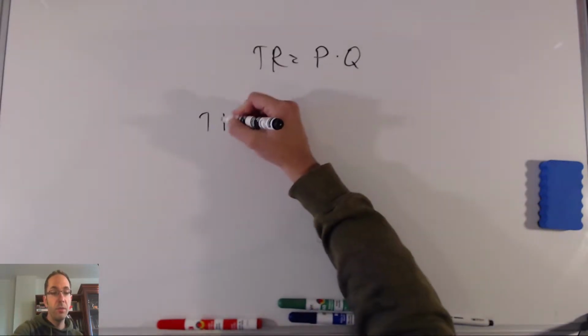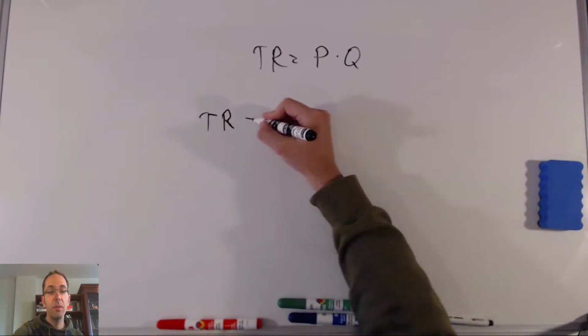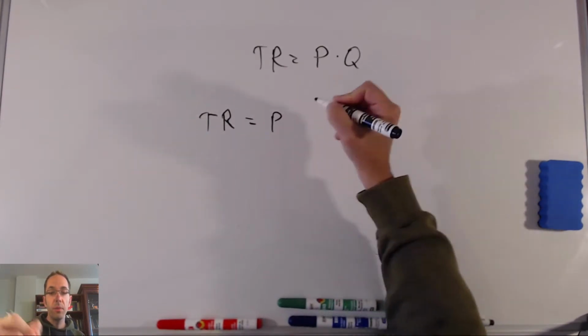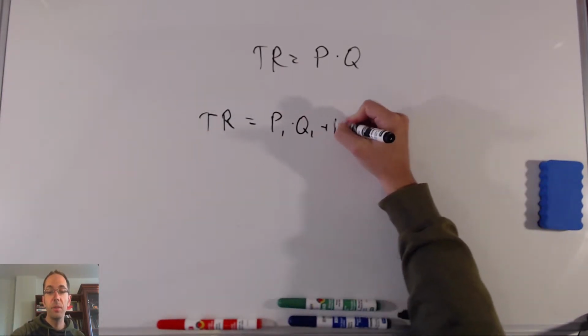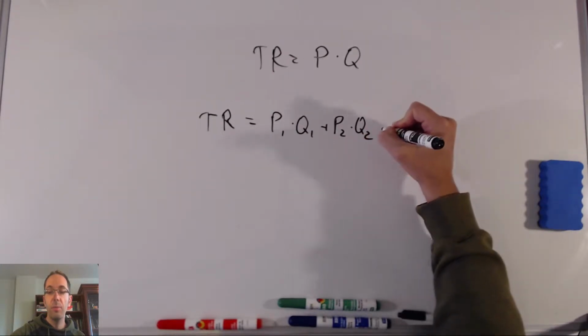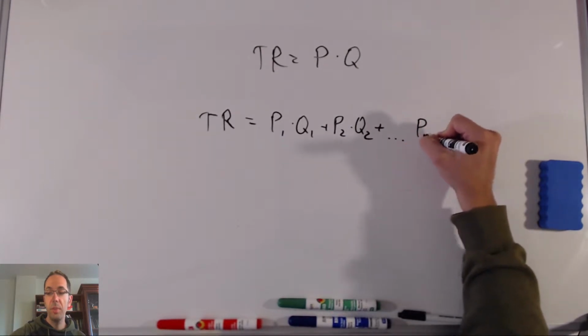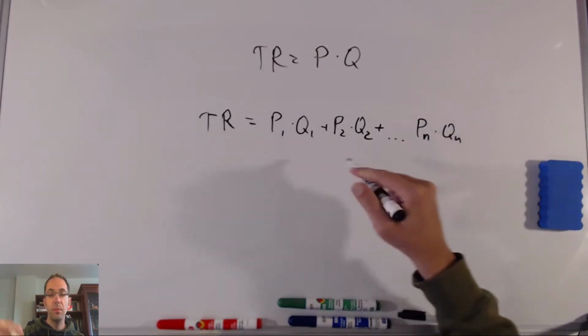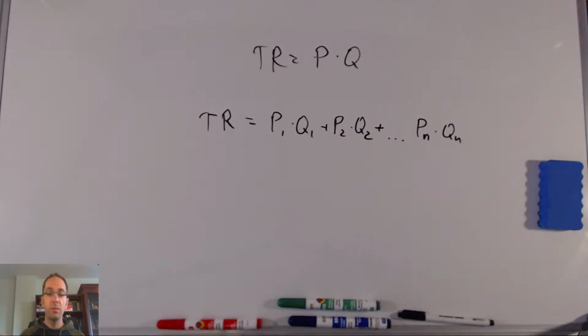Then the total revenue in a more complex scenario would be the price of product 1 times the quantity sold of product 1 plus the price of product 2 times the quantity sold of product 2 plus, let's say, Pn times Qn. So for n products that the firm is selling, you can do this and you would get the total revenue that the firm is earning.